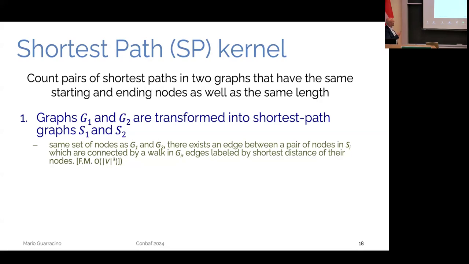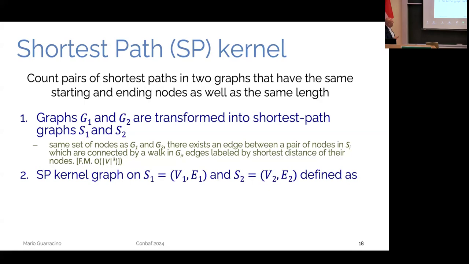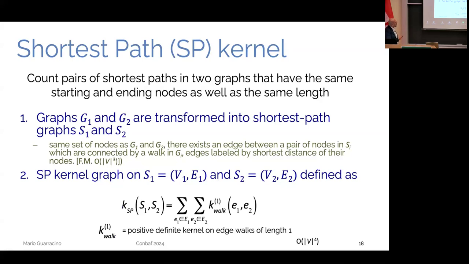In this case, we transform those graphs G1 and G2 into graphs S1 and S2, in which there is an edge between a pair of nodes of Si if there is a path that is connecting those two vertices in graph G. And once we have this representation, this S matrix will have the same number of nodes as the original matrix, and two nodes are connected if there is a path connecting the two nodes, for example, with a fixed distance or whatever.